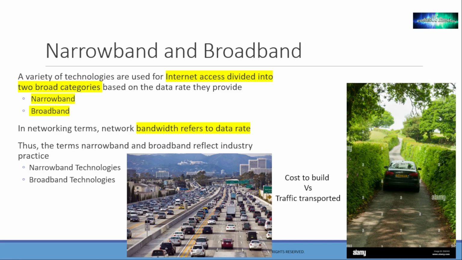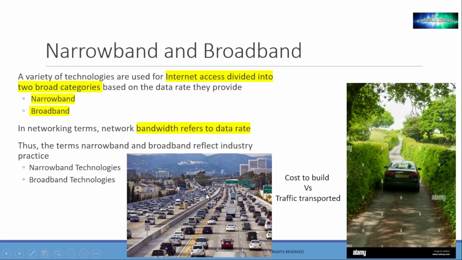We have two terms that we use to describe the speed, data rate, or bandwidth of this downloading and uploading: narrowband and broadband. We can compare it to our highway systems. In the cities, where there are a lot more people, we need more lanes of traffic in order to get people through.